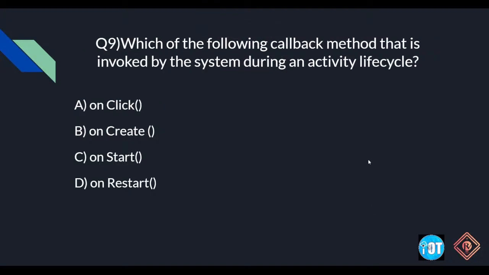It's already 6:22. Yeah, I just do it very fast. Which of the following callback methods are invoked by the system during the activity life cycle? Let me put down the question number this time. It will be easier for everyone. Question 9. Answer question 9 from here.